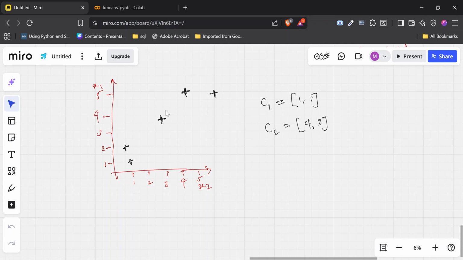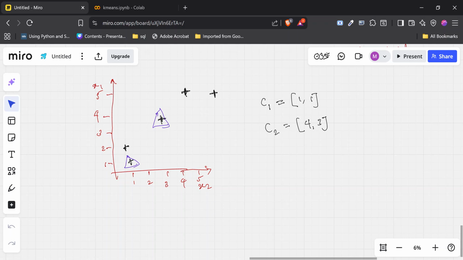So it means we have 2 centroids now, and this particular location is a centroid, and this also is a centroid. So don't forget, a centroid is basically like the center of a cluster in a way, right?